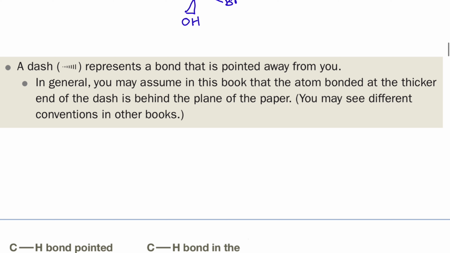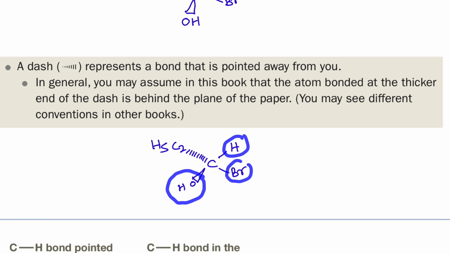So here I am taking the same hydrogen here, bromine here, this is OH, and here let me take an ethyl group, C2H5. So this is in the plane of the paper, this is in the plane of the paper, this is above the plane of the paper, nearer to the observer, this is below the plane of the paper, and this is away from the observer.